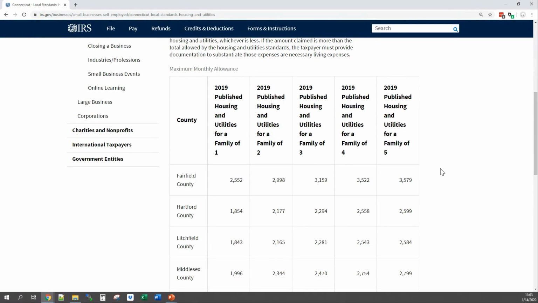That is how you get that conditional expense proved for a large family.